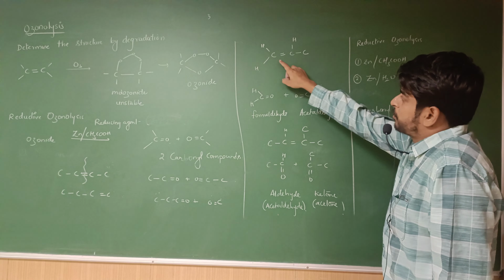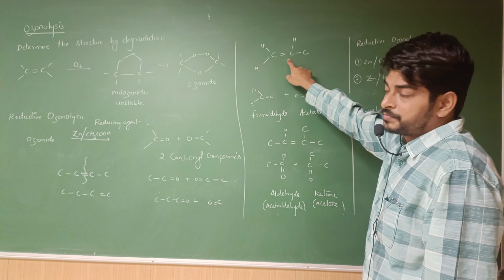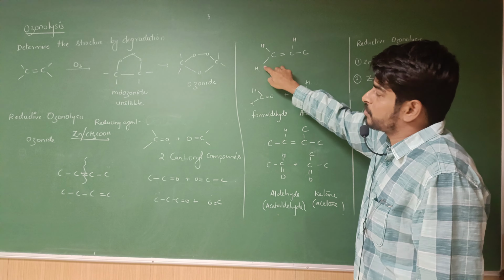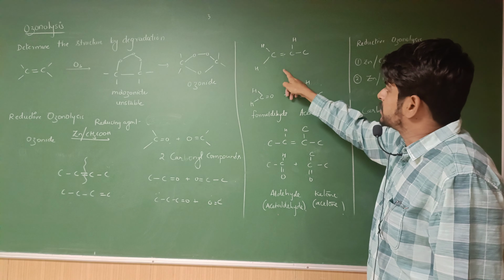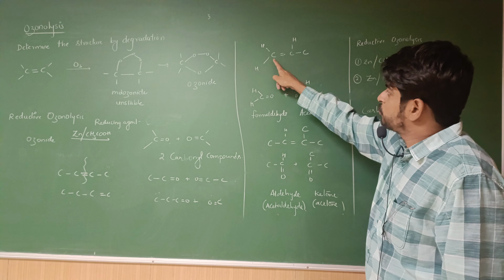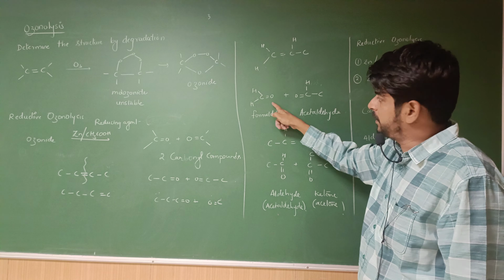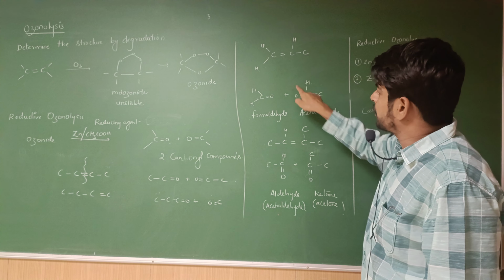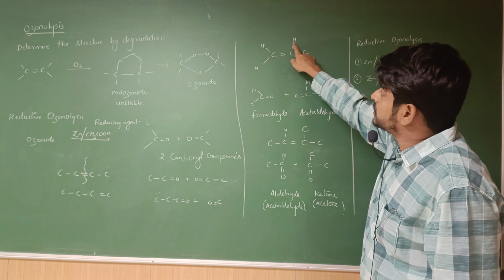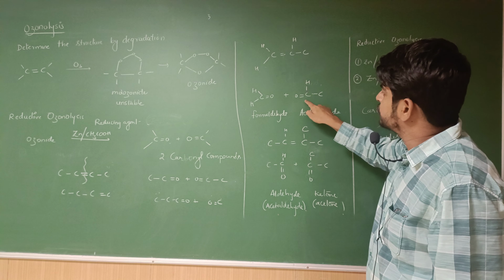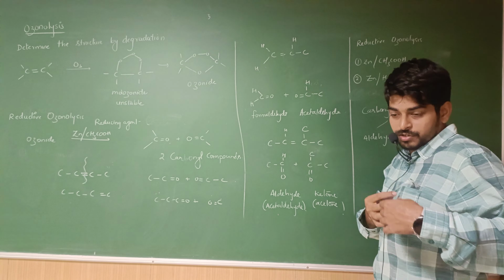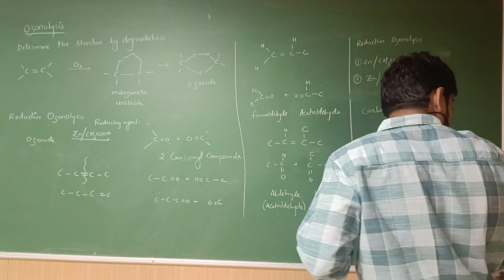Suppose I am taking this compound, C double bond C. This carbon has 2 hydrogens. So when this bond breaks here, double bond O is formed. So the 1 carbon atom carbonyl compound is formaldehyde. This is a 2 carbon atom carbonyl compound. This carbon atom still has a hydrogen, so it is forming a CHO structure.